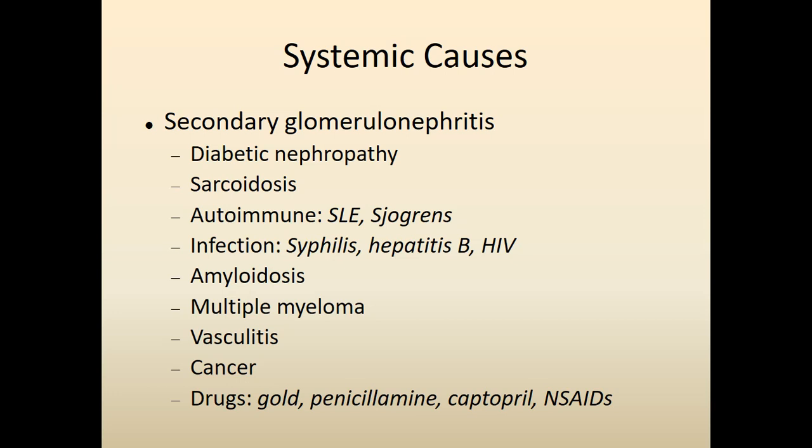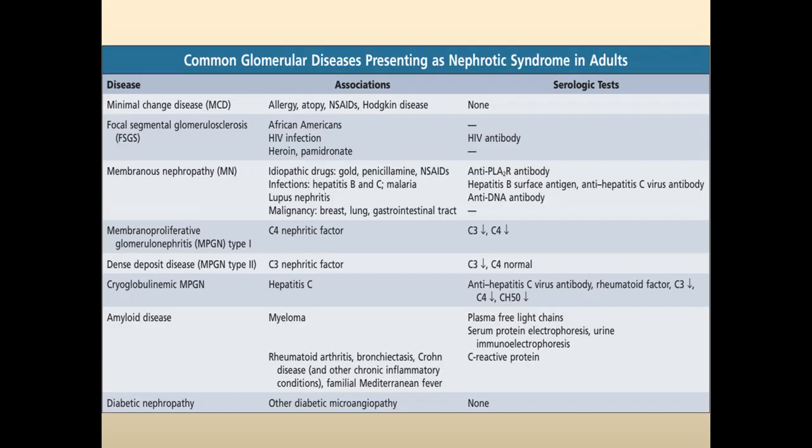Amyloidosis, multiple myeloma, vasculitis, and cancers also lead to membranous nephropathy, FSGS, and membranoproliferative glomerulonephritis. Drugs: gold, penicillamine, captopril, and NSAIDs. Penicillamine and gold can also lead to membranous nephropathy.